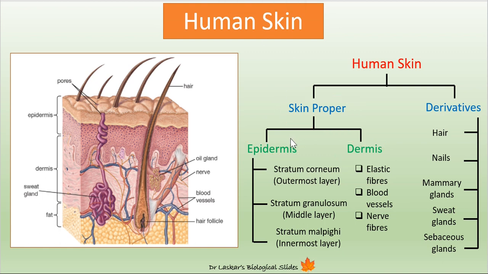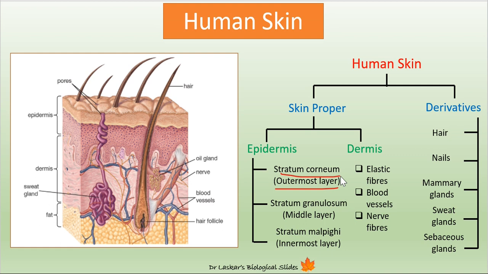Now if we observe the epidermis, it mainly consists of three sublayers. The outermost layer of the epidermis is known as stratum corneum. It is also called the cornified layer, and it consists of several piled up layers of flattened dead cells.